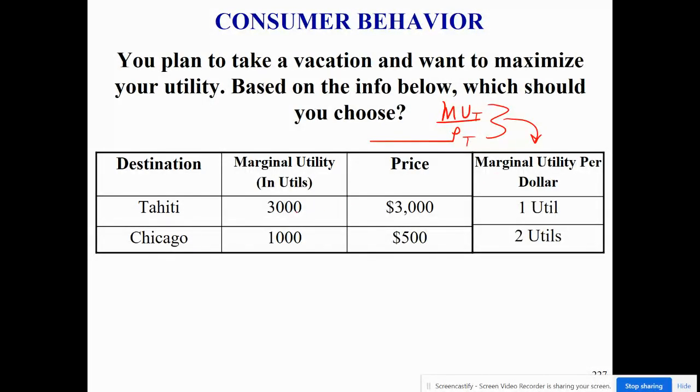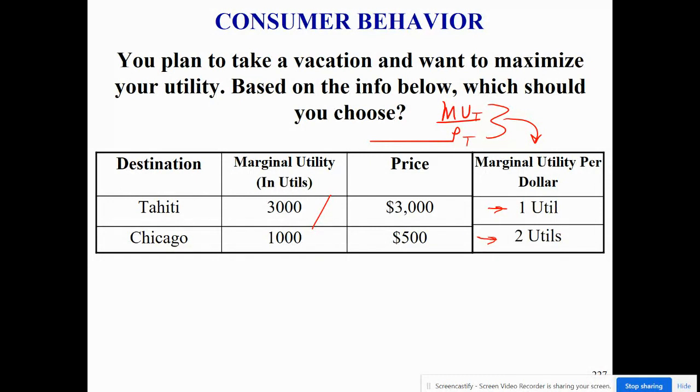So here, if we take 3,000 utils divided by $3,000, we get 1 util per dollar. But here we take the marginal utility of 1,000 divided by $500, and we get 2 utils per dollar. So believe it or not, though Tahiti might sound really great, we're not going to do that.